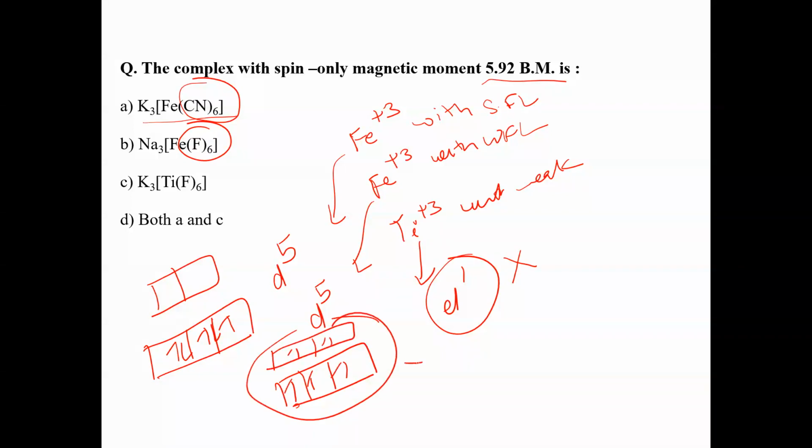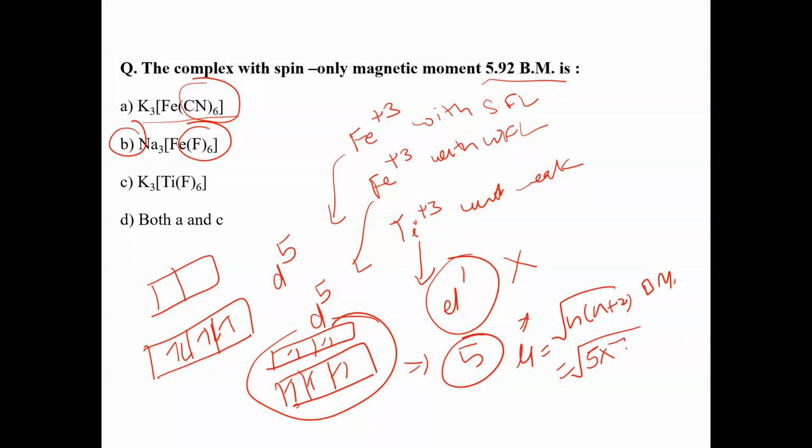So the unpaired electrons will be 5 in this case. If I calculate the magnetic moment, it will be around 5.92. The second will be the right answer for this one.